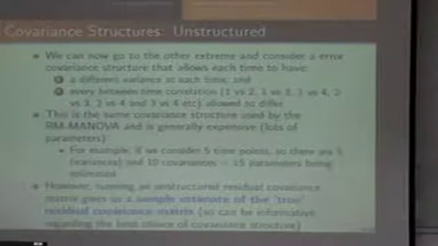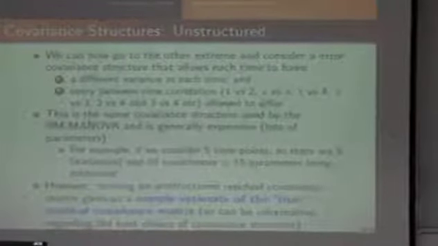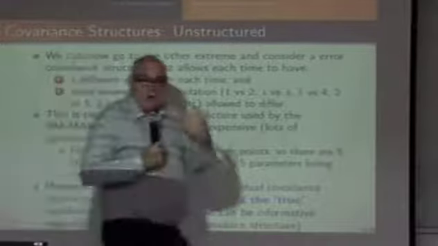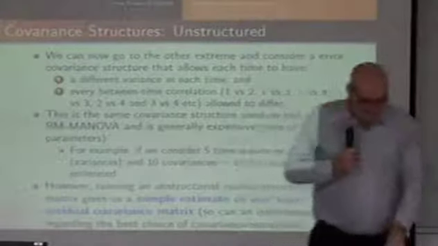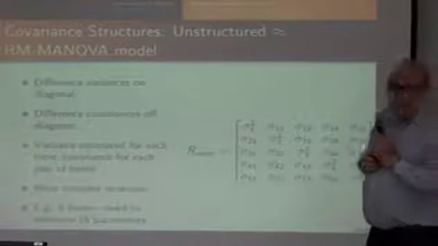But there's also one distinct advantage of this covariance structure. It gives us a good picture of reality. By it not being structured at all, its estimate of the covariance structure should be quite realistic. It might be overfit, but it's realistic. So what will it look like?